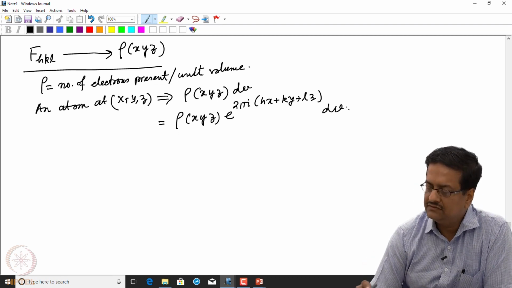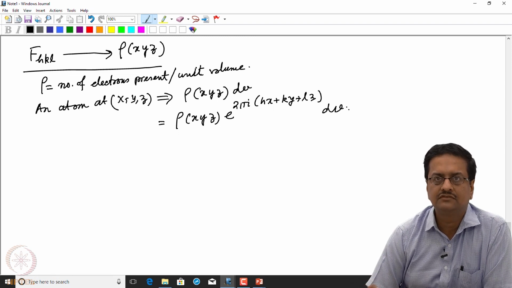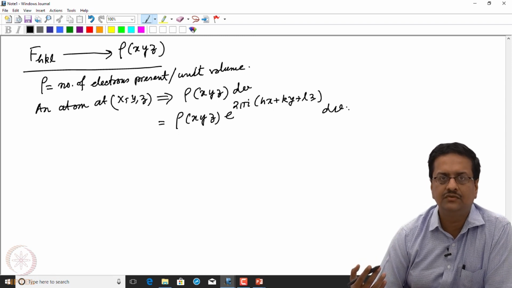Now we have a large number of such atoms located at various sites in the unit cell.